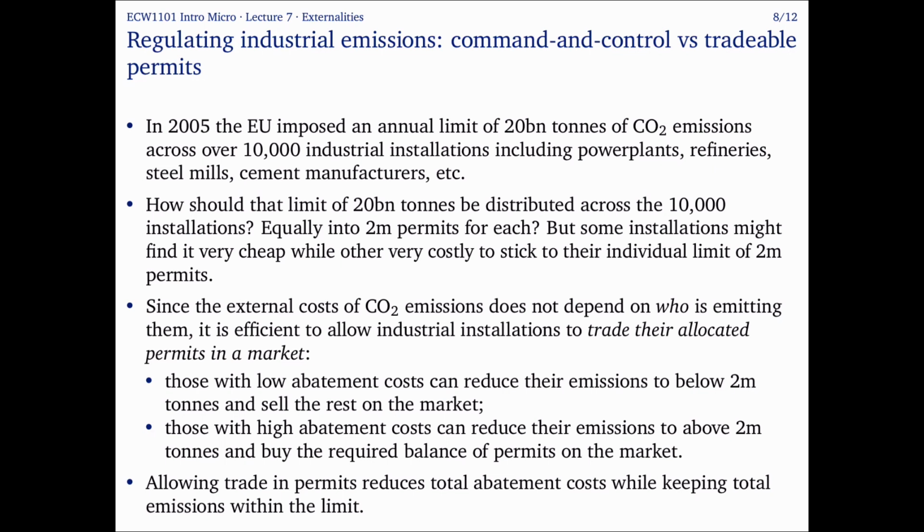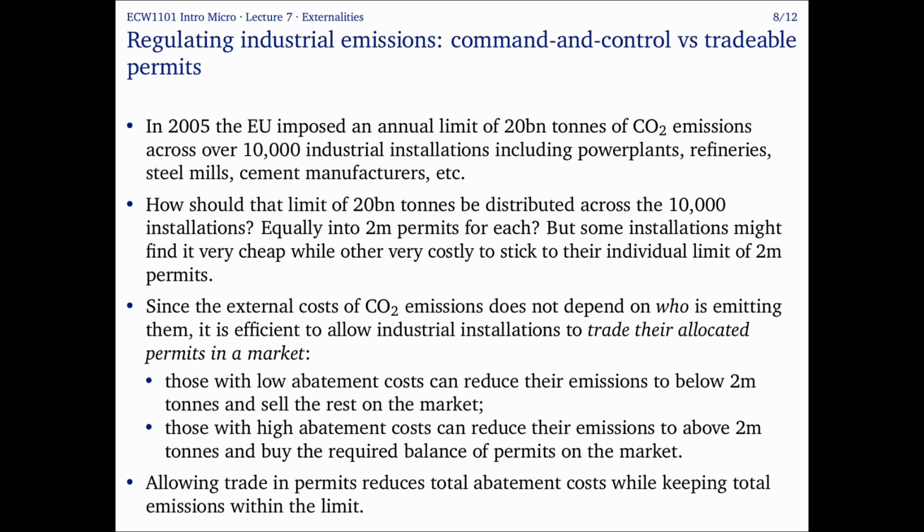If you're an industrial emitter that has great technology that can reduce emissions quite easily, yeah, there's lots of ways of switching to cleaner technologies and reduce CO2 emissions. You have these 2 million permits, but in a way, it's too much. You are better off, because you can reduce your emissions quite easily, just selling some of the permits on the market to somebody whose costs of abating, of reducing the emissions are very high.